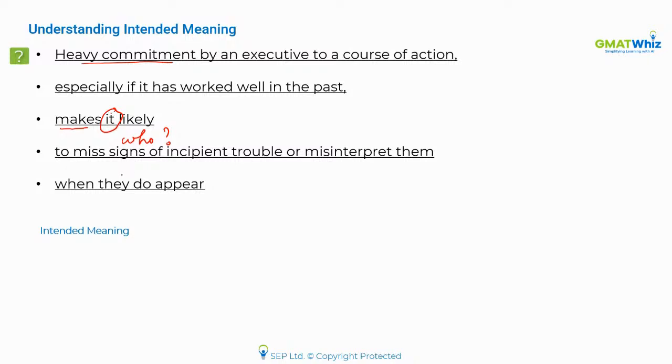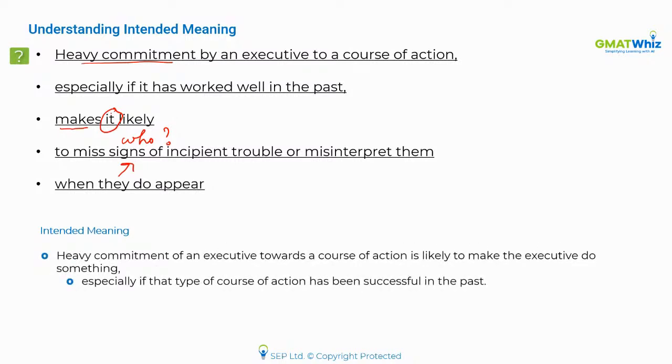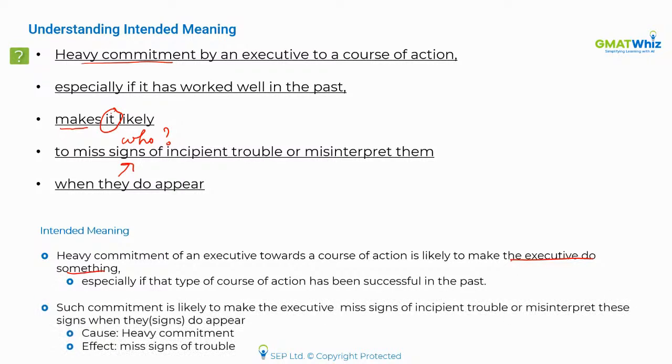Here, the "they" would refer to the signs. So the intended meaning was that the commitment of the executive is likely to make the executive do what? Miss signs and misinterpret the signs. So the cause here is the heavy commitment. The effect is the missed signs of trouble.